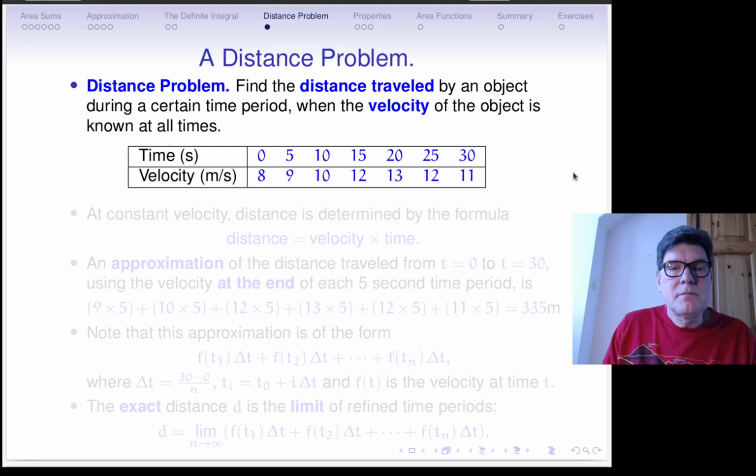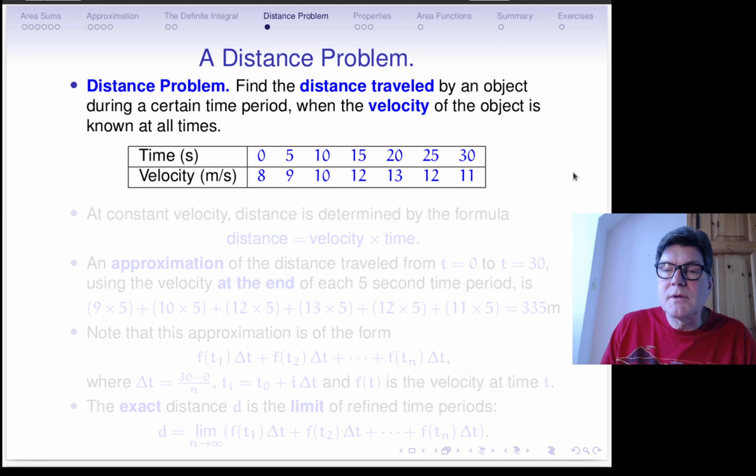Let's try that distance problem. Let's look at the problem as follows. Let's try and find the distance traveled by an object during a certain time period when the velocity of the object is known at all times.